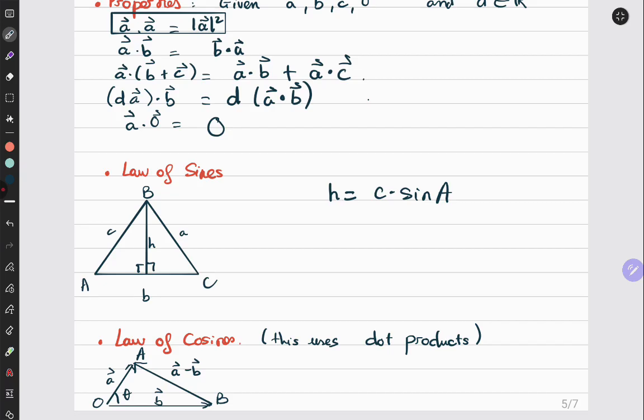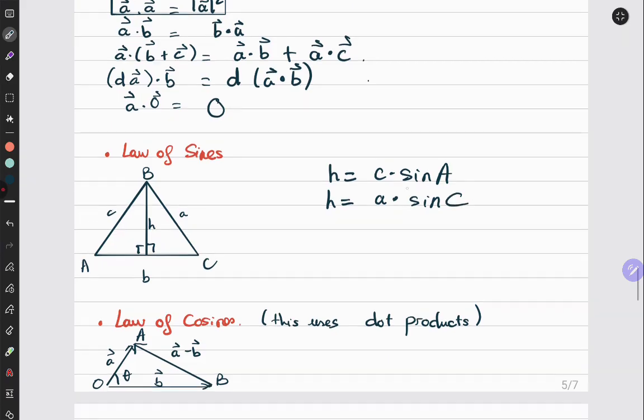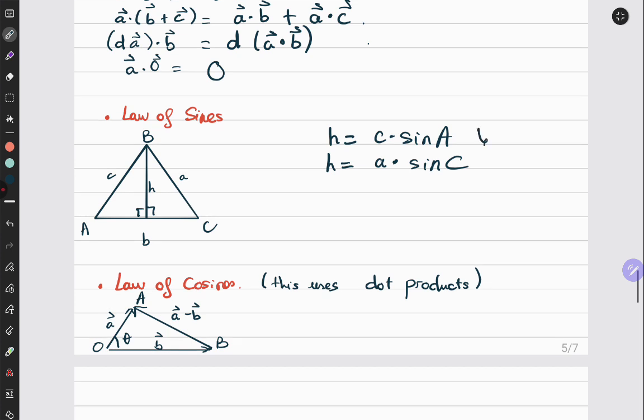Sine equals opposite divided by hypotenuse. So the height also equals, using that notation, what do you think? Look at the other side. A times sine of C. Both of these equal the height, so I can let them equal each other.